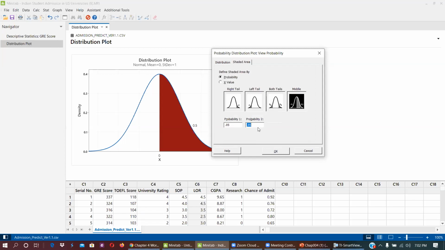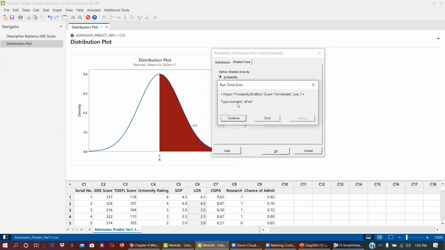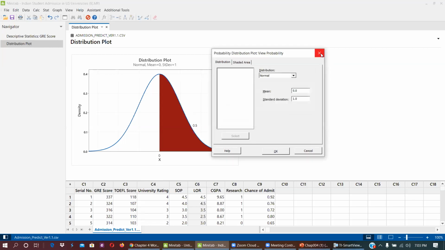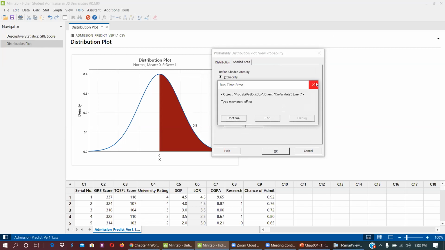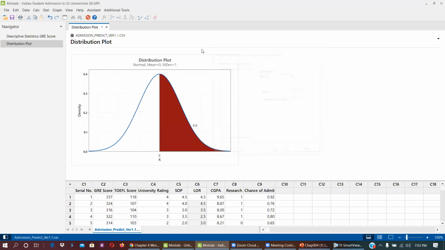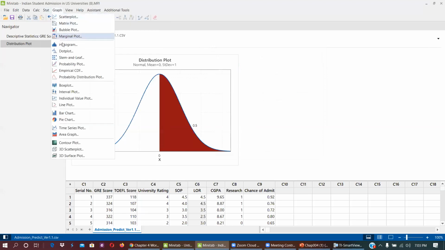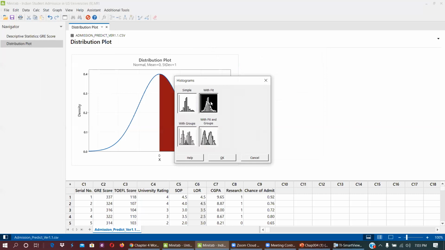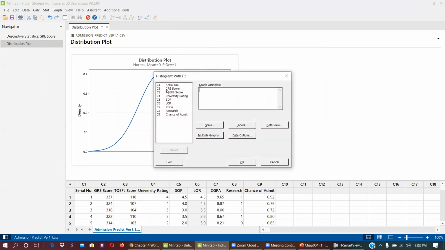I think I'm going a little bit advanced in order to explain. Let me go with only this GRE score. Under Stat, Basic, we have a graph, histogram. Let me go with GRE, and I can do all the labels and everything.